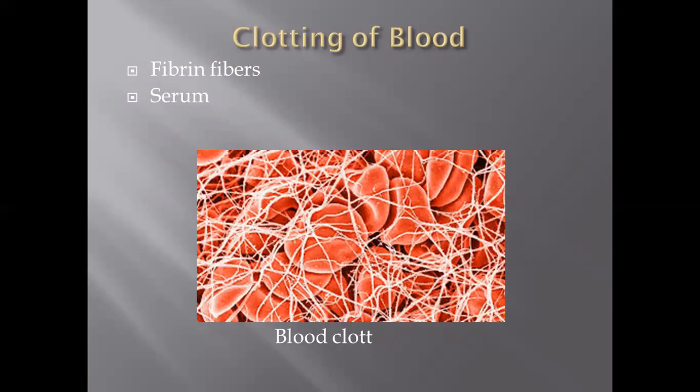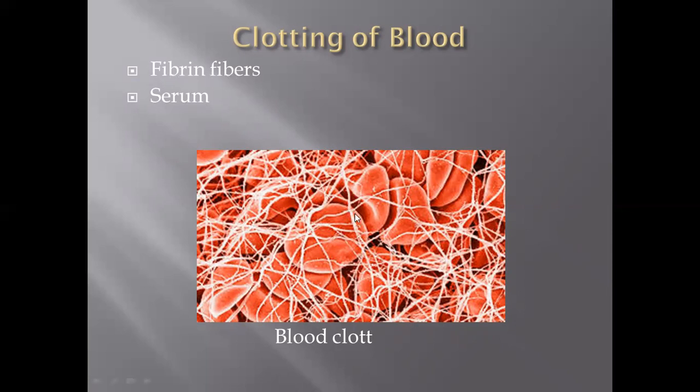Injured tissue cells at the site of the wound, together with the clumped platelets, trigger a series of complex chemical reactions that result in the formation of fibrin fibers.